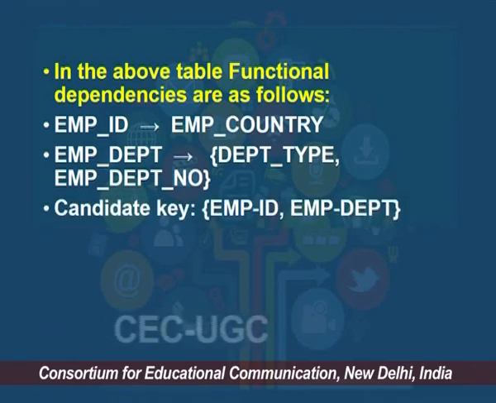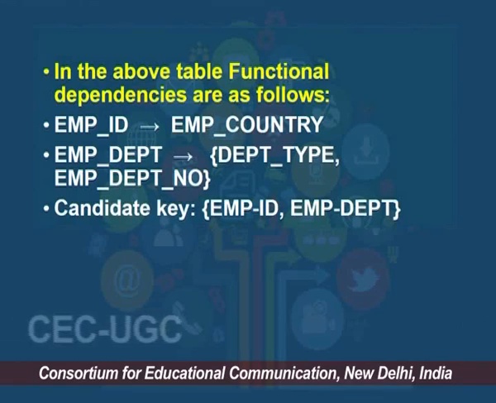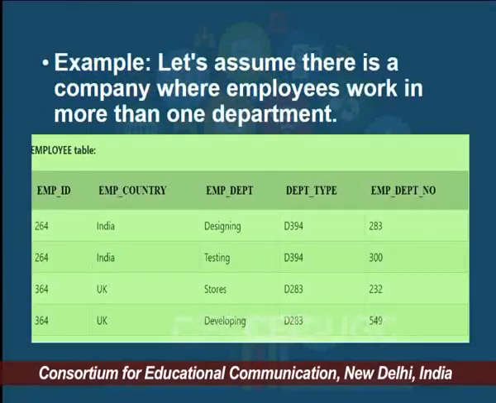The candidate key is employee ID and employee department. From closely observing this structure, you will see that the candidate key is the combination of both, not the individual ones.